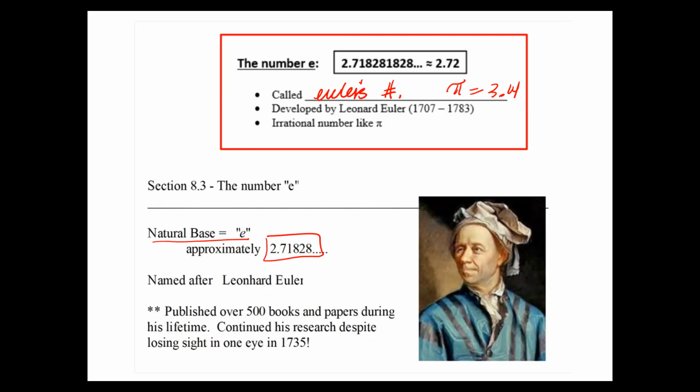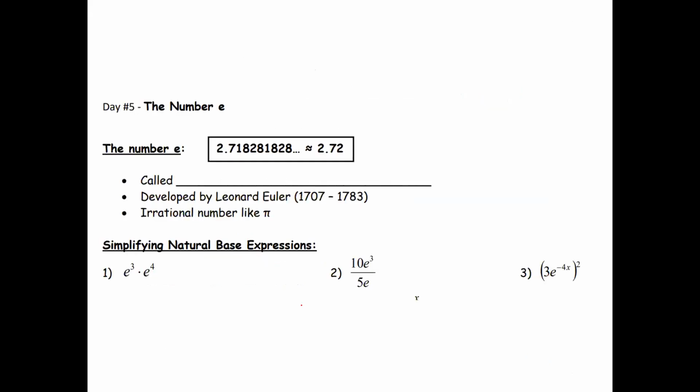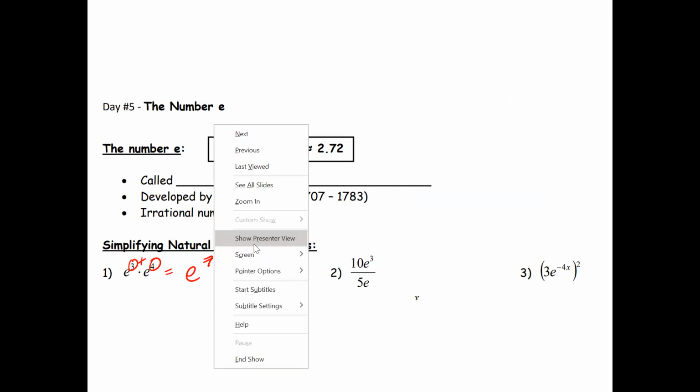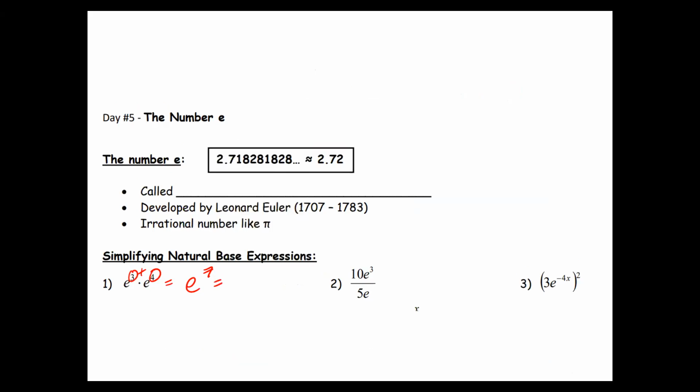All right, now let's go ahead and do some calculation with E. First things first, number 1, e to the 3rd times e to the 4th. Well, you know that you just add the exponents together. So that's e to the 7th power. Now grab your calculator because I want this in decimals. You're going to do second, and instead of doing the division sign, do you see how there's a 7 on top?